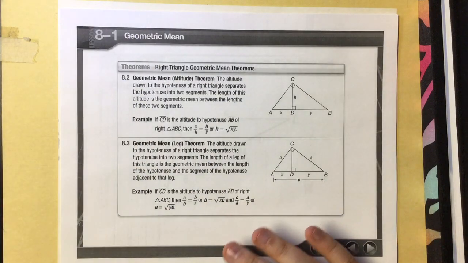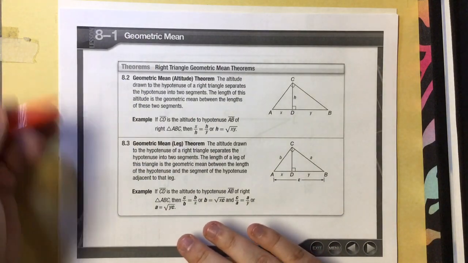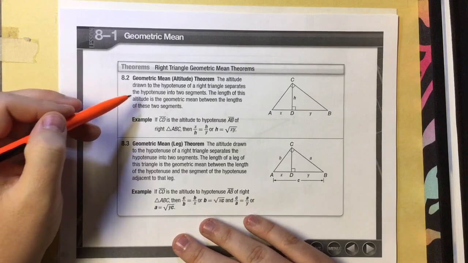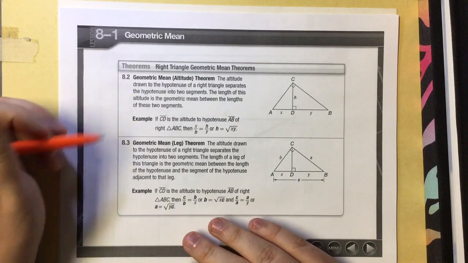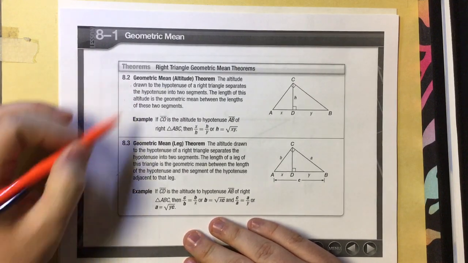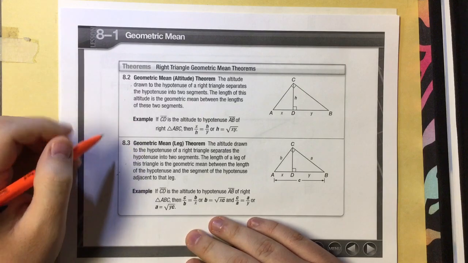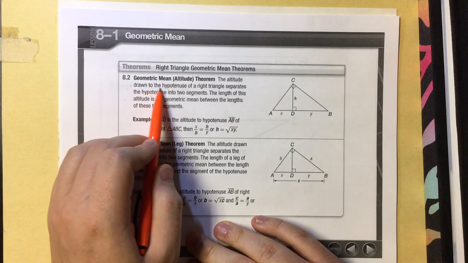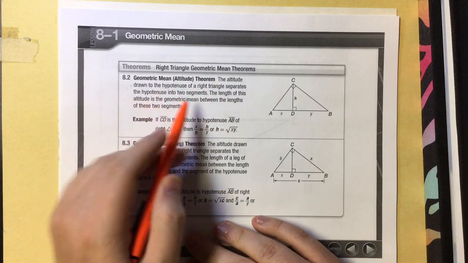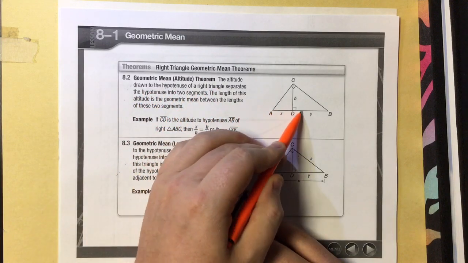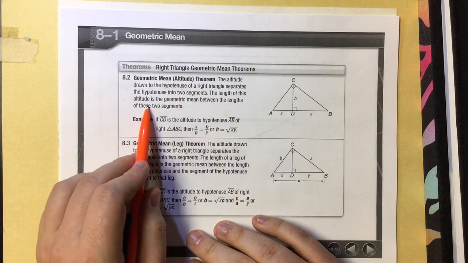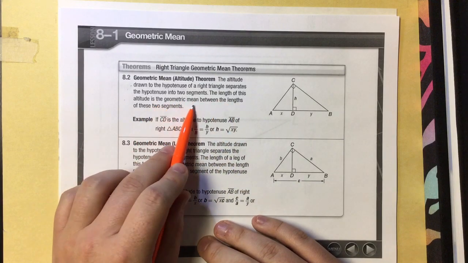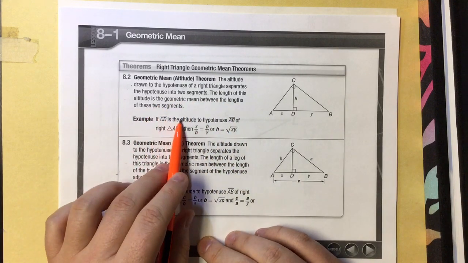All right, now this is where we apply that to our geometric mean idea. And these are both things about geometric means. This one says the altitude drawn to the hypotenuse of a right triangle separates the hypotenuse into two pieces, x here and y there. The length of the altitude is the geometric mean between the length of these two segments.